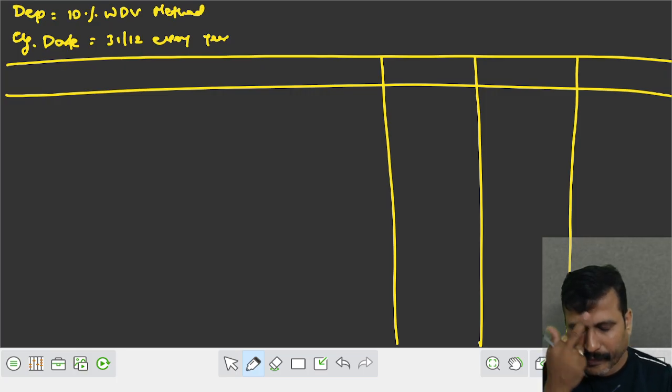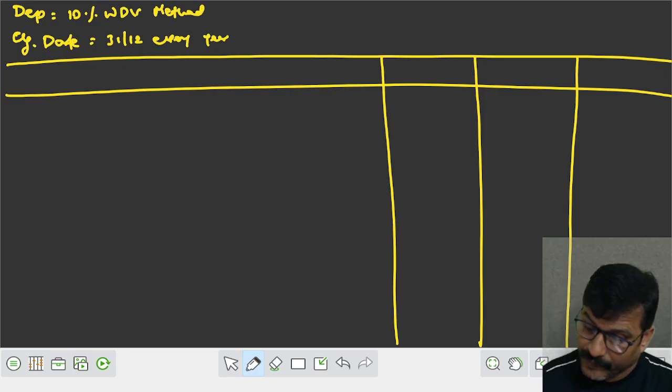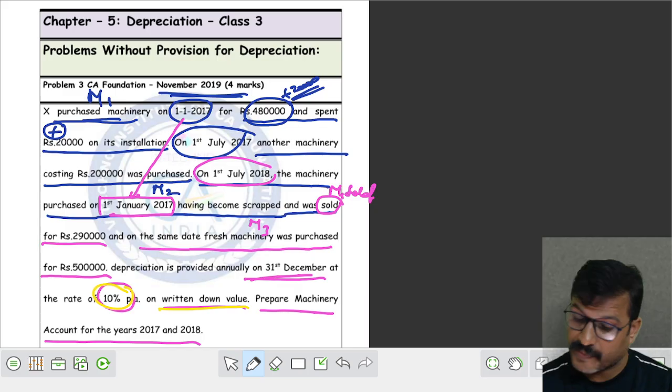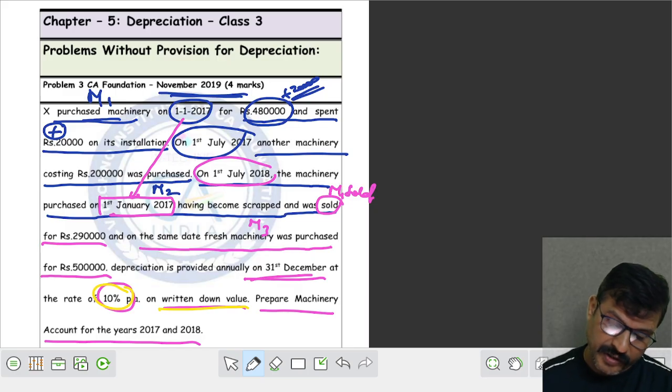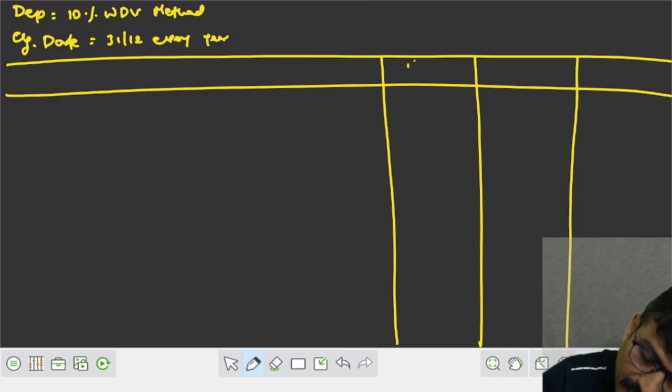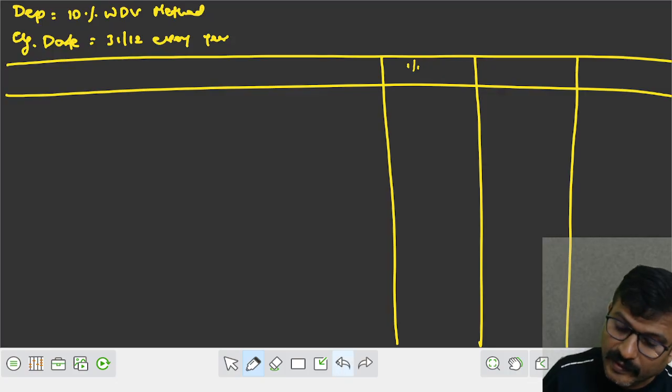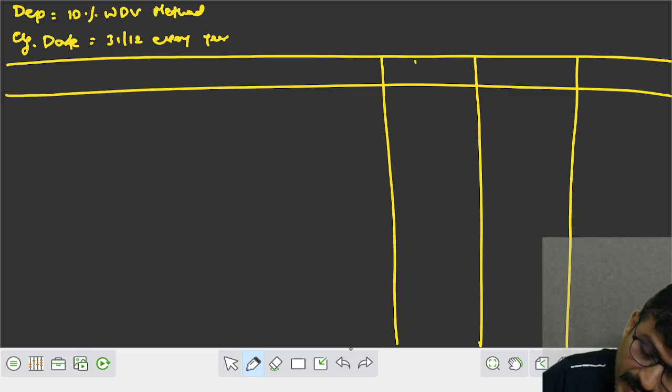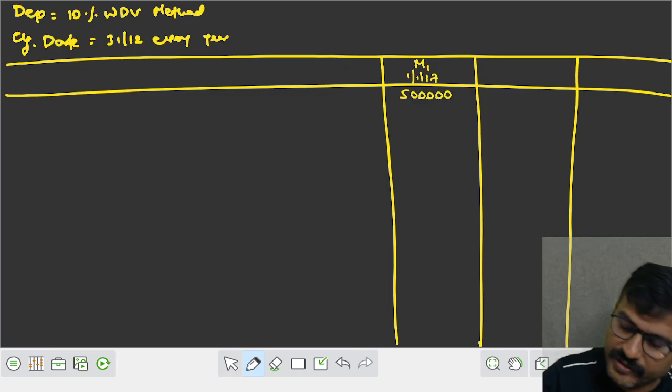First machine is purchased on 1st January 17 for an amount of rupees 5 lakh, including the installation charges.